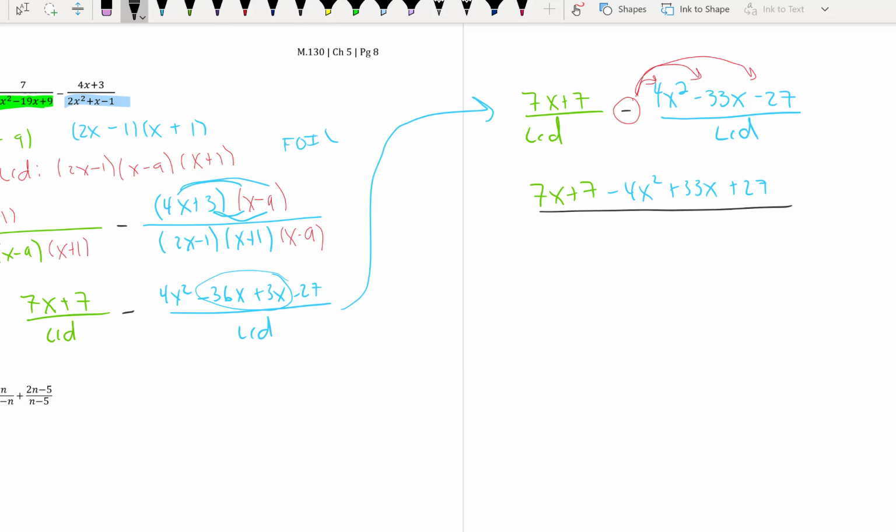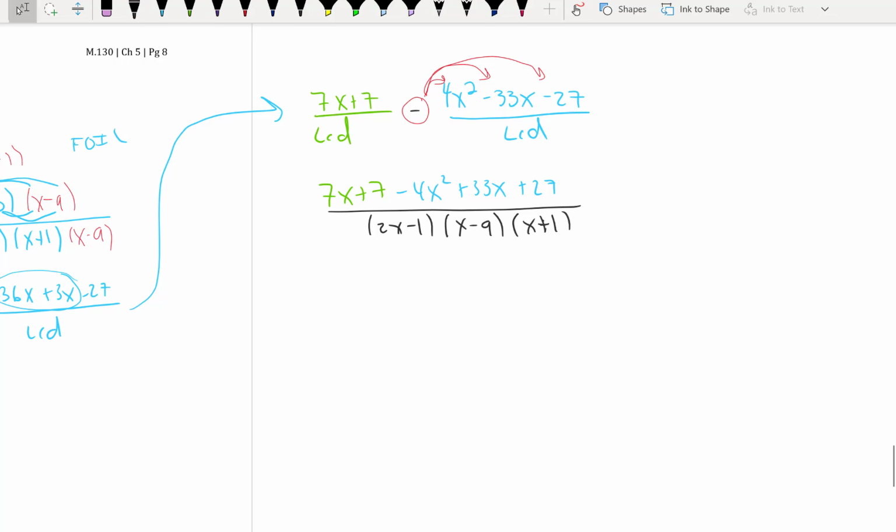And here now you can write it if you want. It was a 2x minus 1. It was an x minus 9. And it was an x plus 1. That was my LCD from before. Now when I combine like terms, I have a negative 4x squared in the numerator. I also have 7x and 33x.